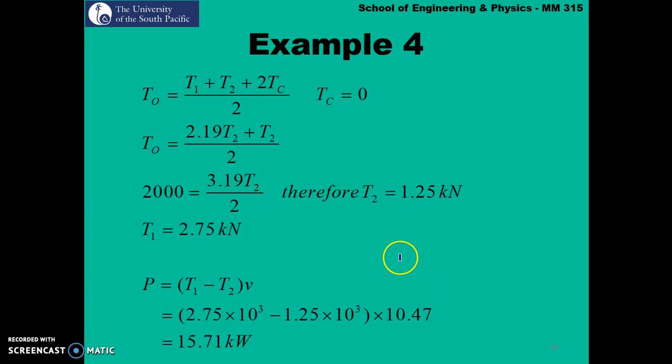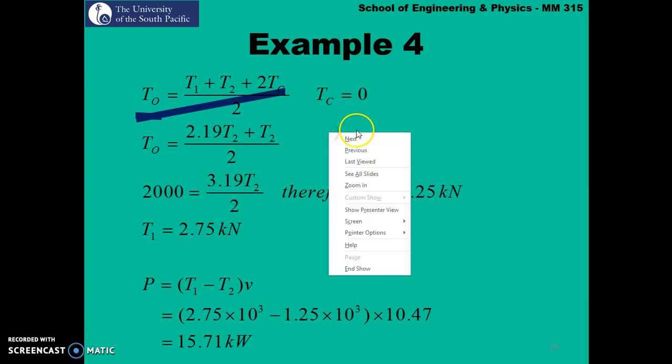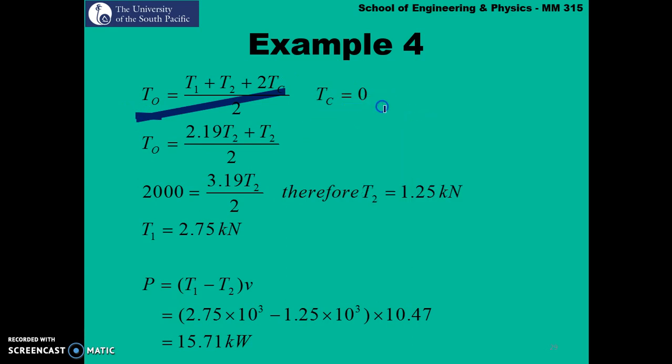Now this expression we already know: T0 is equal to (T1 plus T2 plus 2 TC) divided by 2. In this problem, we are not given any information regarding the centrifugal tension, so we can simply say that the centrifugal tension is equal to 0.